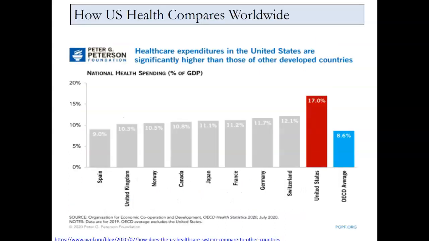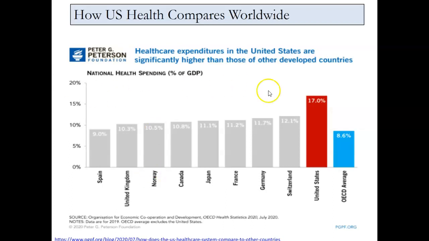Okay, so looking at the big picture contextually with healthcare in the United States, if you compare the U.S. to other countries with comparable economies and healthcare systems, in terms of the amount of money we spend, it's a ton of money compared to everybody else.